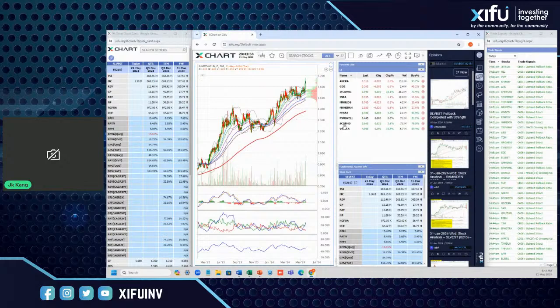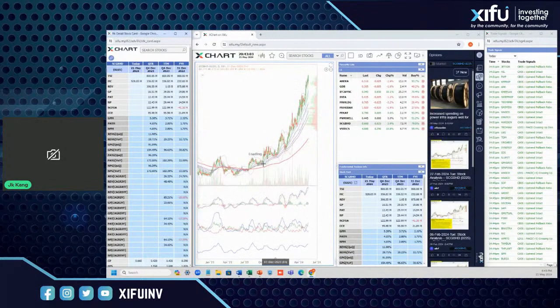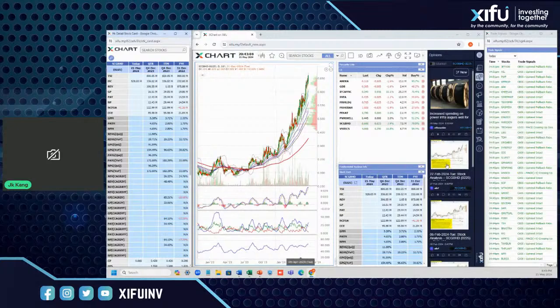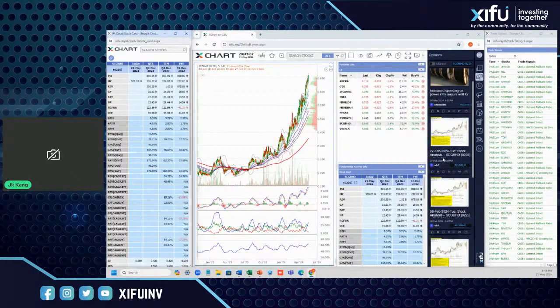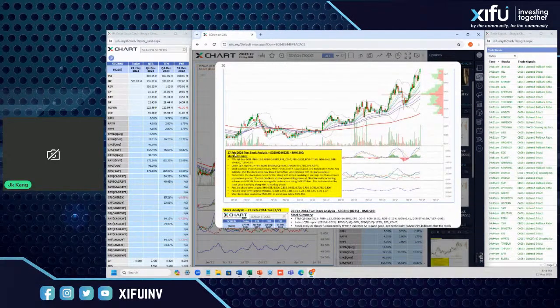Take for example, on this SCG. Ever since February 27, we also made the analysis on this particular stock. So I can always click and take a look. It was 27 February, which is at 50 cents.